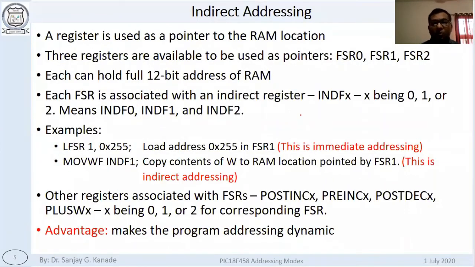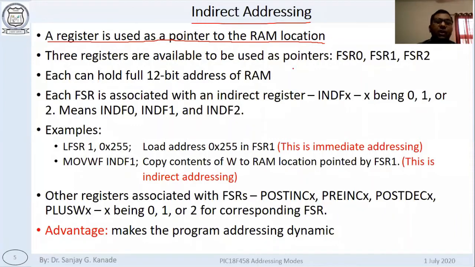Now, the third mode is the indirect addressing mode. What we do in indirect addressing is that a register is used as a pointer to the RAM location. This is a different way of accessing the data. Remember this. We have a separate register which will be used as a pointer.